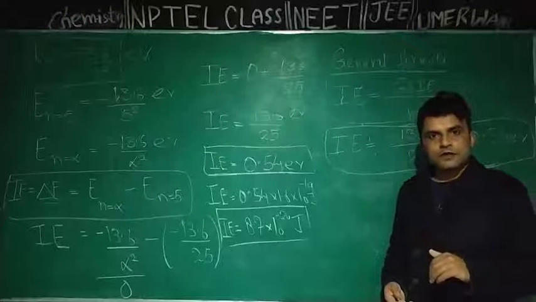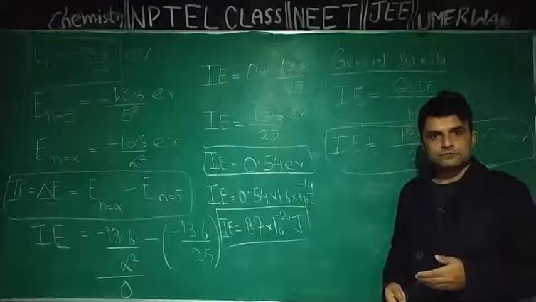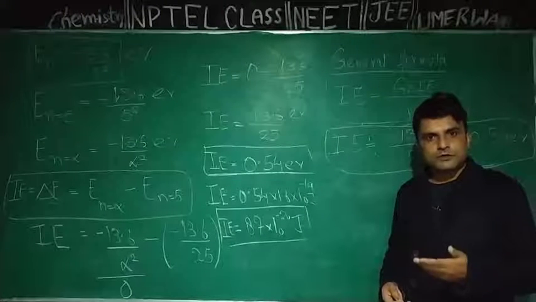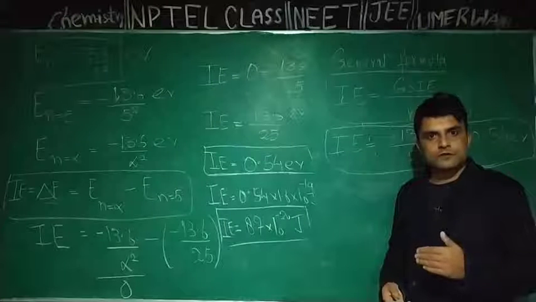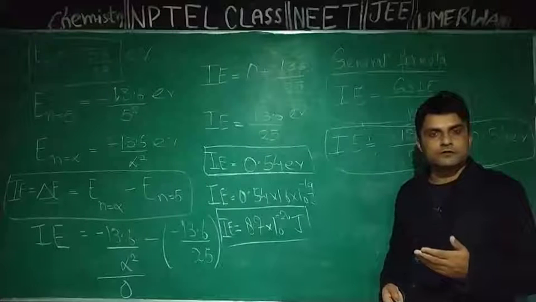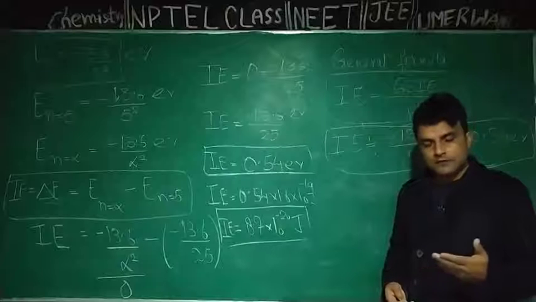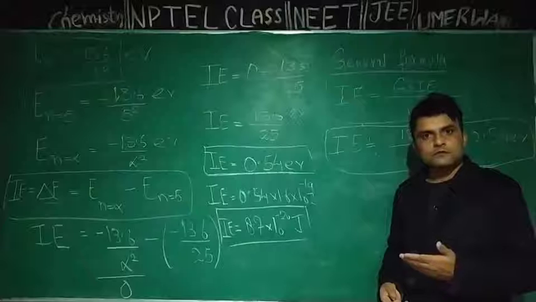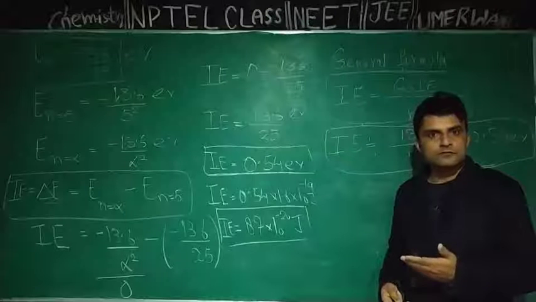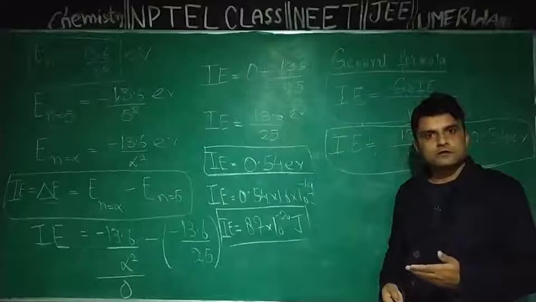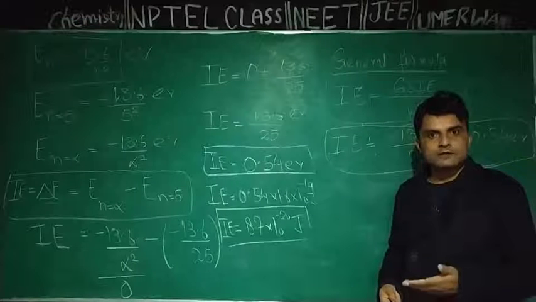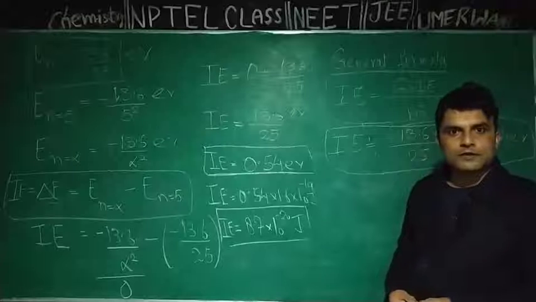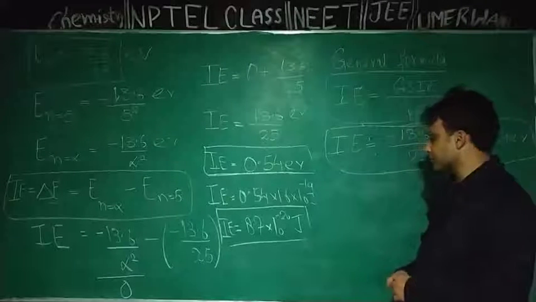So after every transition, one photon of one particular wavelength, one particular frequency, one particular energy will be emitted. And when we receive all these on the spectrum, we will get a number of lines, and we have to calculate those number of lines. How many lines will appear in its emission spectrum?